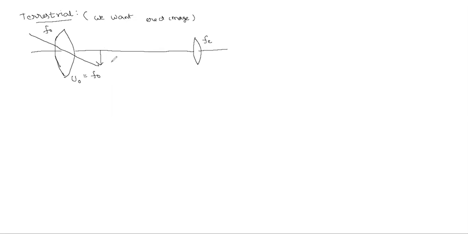But from here, you want that these rays should not fall directly on FE. That's why, in between the objective lens and the eyepiece, I'm taking one more lens. This is called the erecting lens.